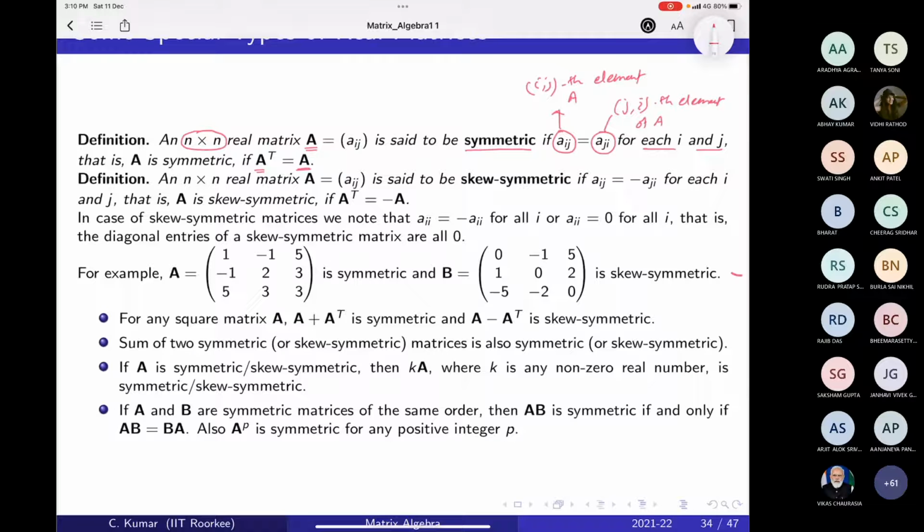So if this happens, then we can say that the matrix is symmetric.